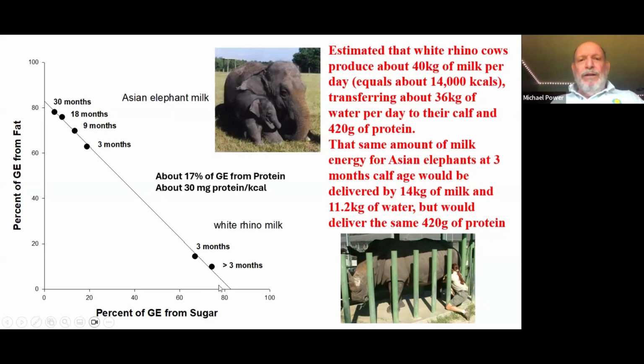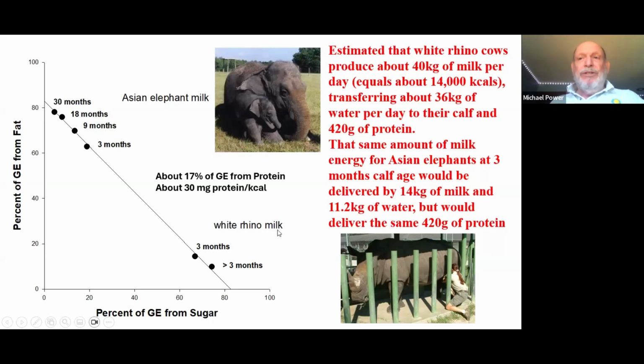Now I run down to a rhino milk. Elephants are pretty much running on fat. Rhinos are running on sugar. Very, very low density milks, very high sugar. But as a protein source, exactly equivalent to this. So if the calf gets the same amount of calories, they're going to get the same amount of protein.